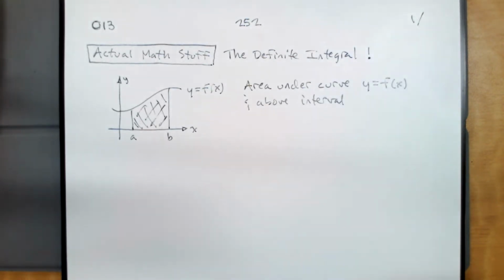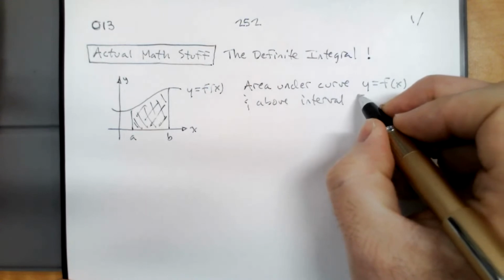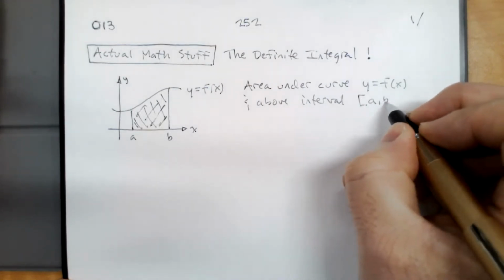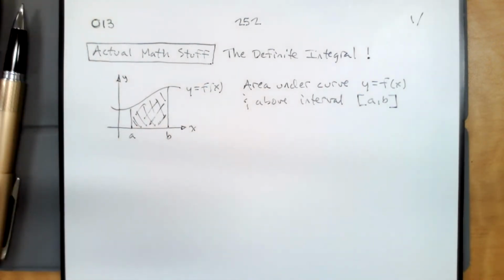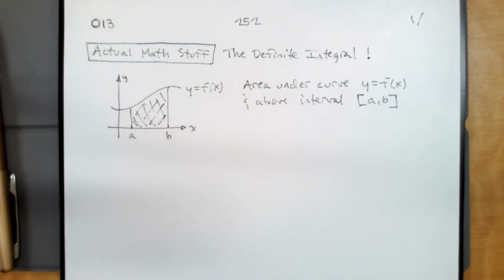I'm going to use interval notation. So I'm going to put a comma b in brackets. This might be a new notation for some of us, but this is interval notation. The a is where the interval starts, b is where the interval ends. Square brackets indicate that a and b are included in the interval.